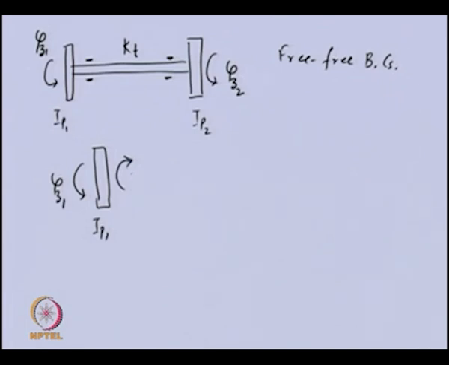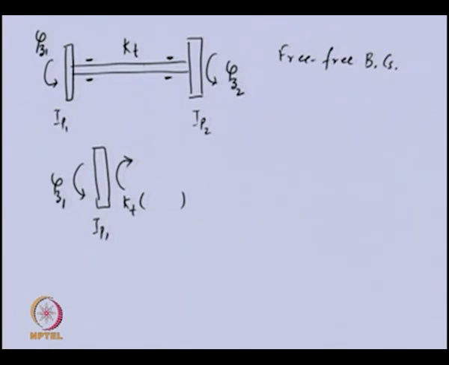So, this torque is KT times the relative twist, because the torque which will be exerted from the shaft on this disc will depend on the relative displacement between these two discs. So, basically this shaft will be getting twisted by the relative displacement of these two.